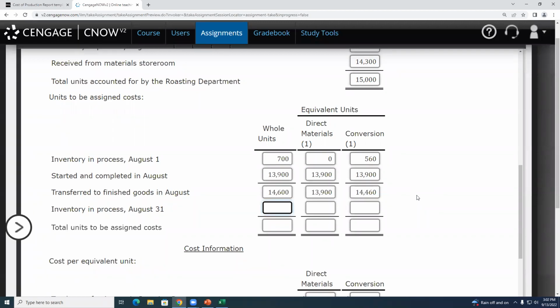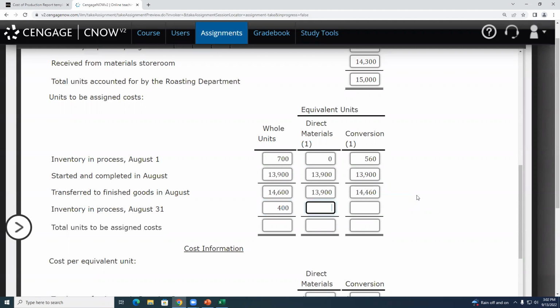The units transferred to finished goods then in August, 14,600. The costs that were added during the month, $13,900 worth of direct materials, $14,460 worth of conversion costs. How much inventory did we have left in ending inventory at the end of August? 400 pounds.